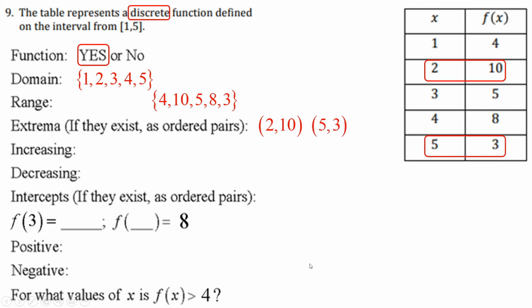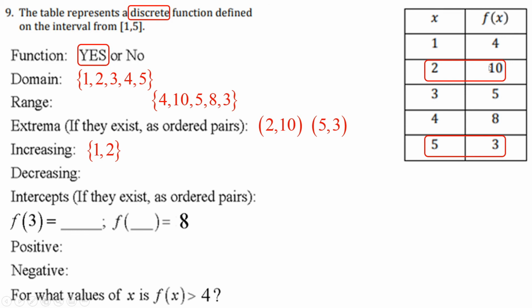Now, increasing. Well, this is discrete, so I can talk about the interval where we're increasing. And since this is discrete, I'm going to use set notation. All right, so when x equals 1 and x equals 2, I go from 4 to 10. So when x equals 1 and 2, this function is increasing.